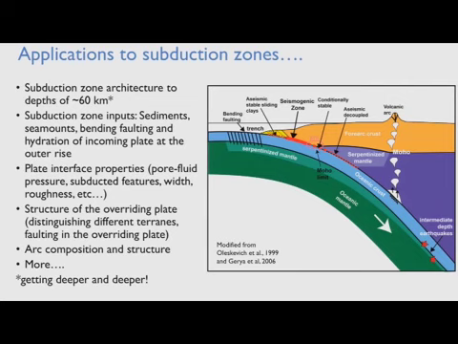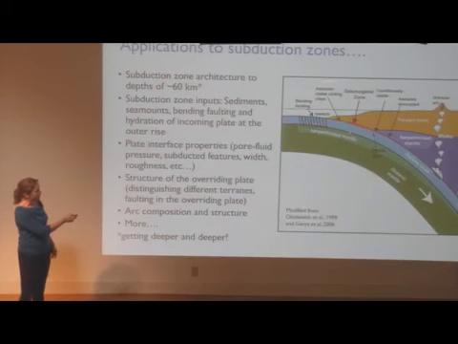This is getting deeper all the time. I'll show you an example of reflection imaging of the LAB if I get a chance. We can quantify some of the inputs, the thickness of subducting sediment, the incoming plate, how it's deformed at the outer rise, how it may be hydrated.